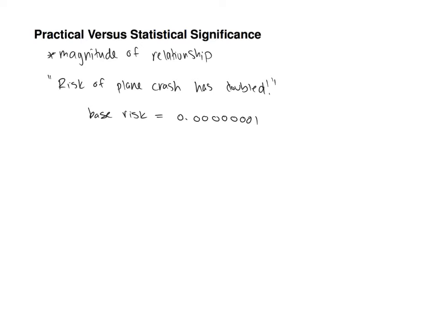You double that risk, is your risk still all that high? Not really, right? It's like eating cookies doubles your rate of getting cancer. But if my rate of getting cancer is this, and it just doubles my risk, it's not as if it really impacted me that much, because the risk was so low to start with.